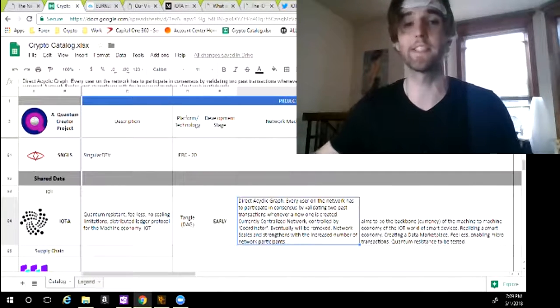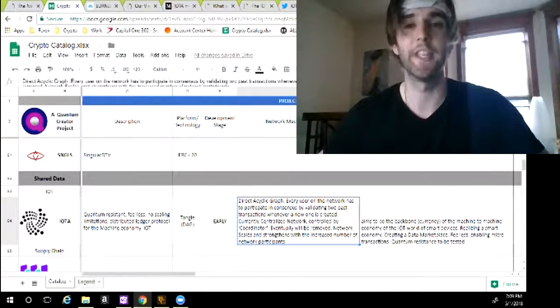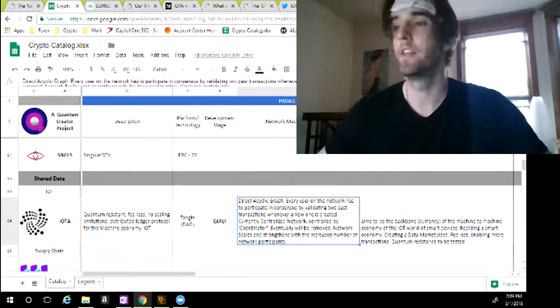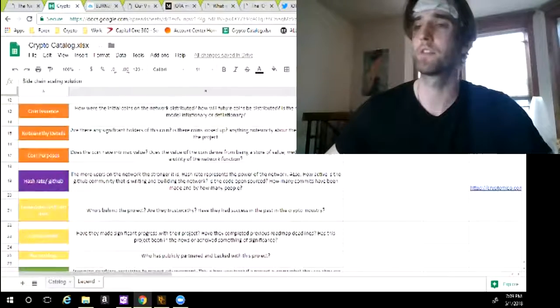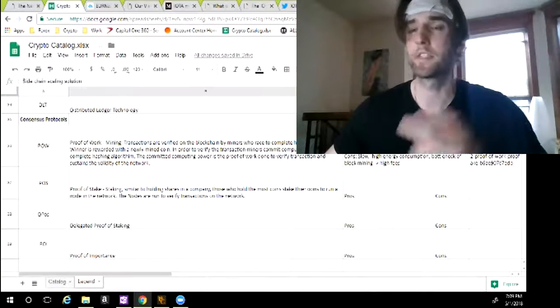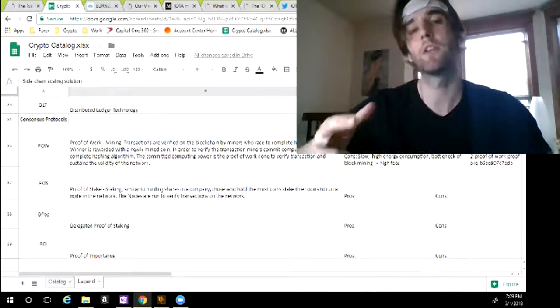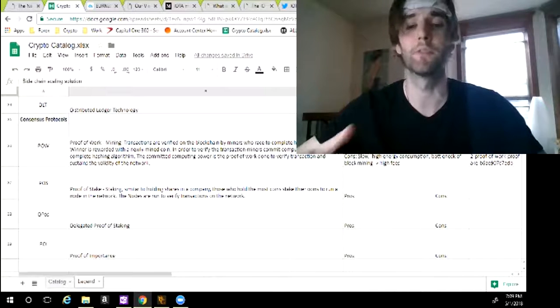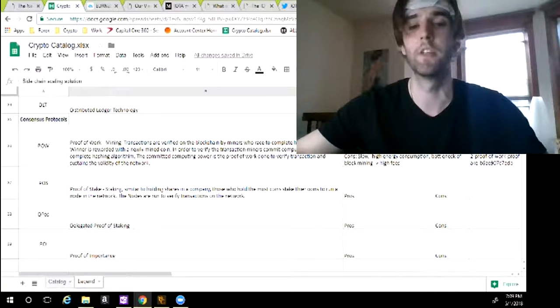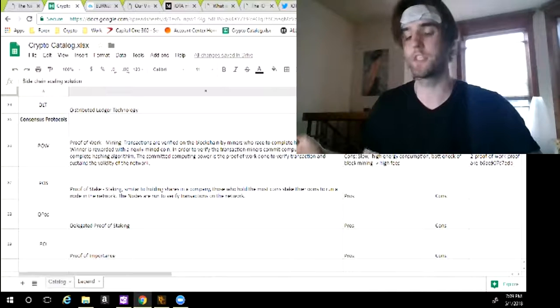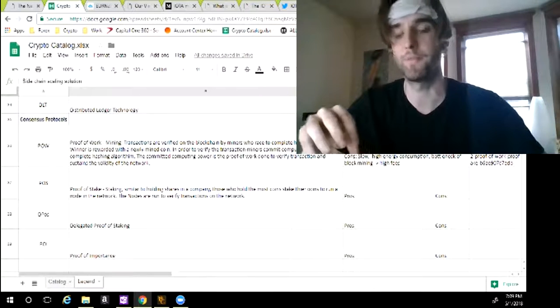So Iota, as I said before, runs on a DAG, which isn't a blockchain. DLT, I have started this section right here explaining these kinds of things. Consensus protocols are how we establish consensus of what to post to these distributed ledgers. Distributed ledgers are essentially just a source of truth.